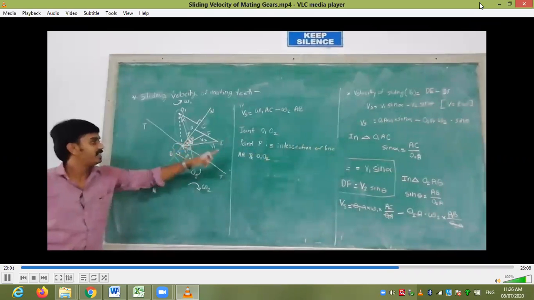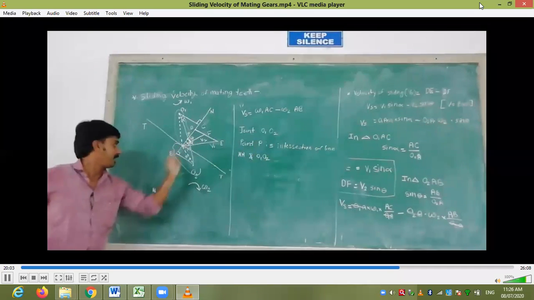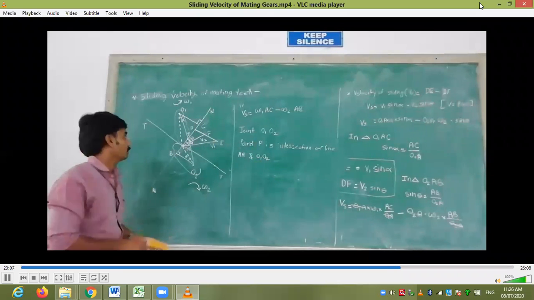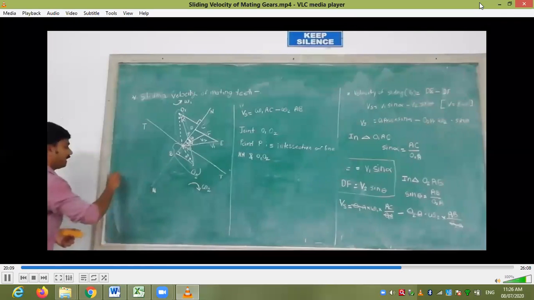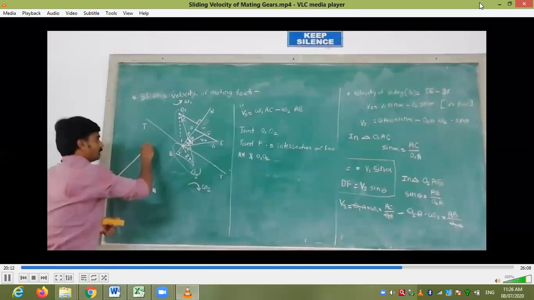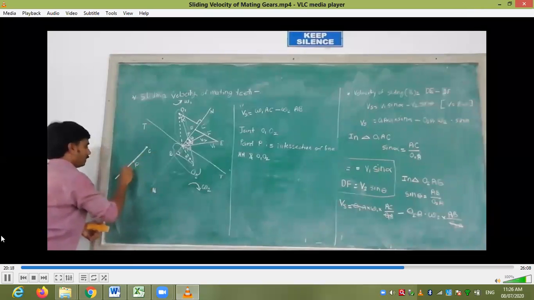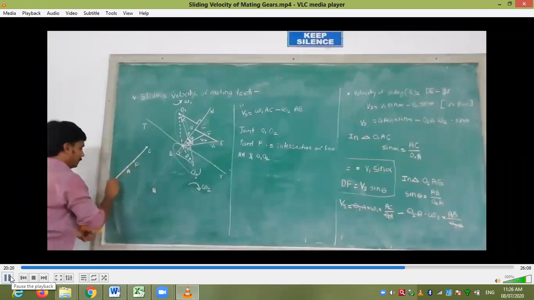Point P is the intersection of line N-N and O1 to O2. Now in this manner, here is point C, here is point P, here is point A and here is point B.